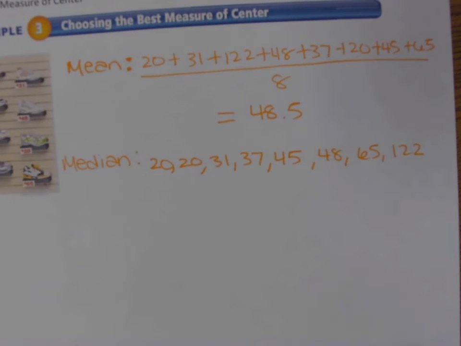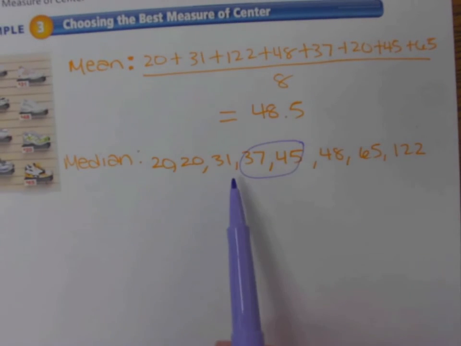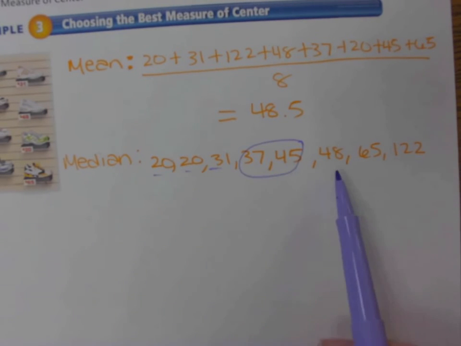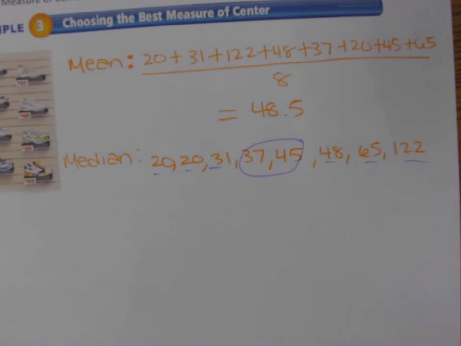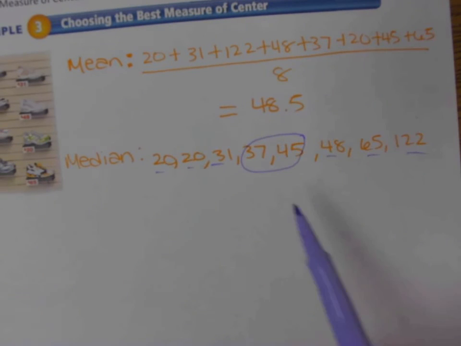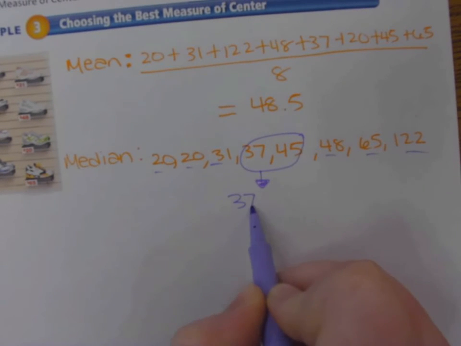Now again, because there's an even amount of shoes here, we're not going to have an exact center. So I'm going to find the two numbers that are in the middle, which are 37 and 45, because there are 3 numbers on the left side and 3 on the right. And remember, if I have 2 in the middle, I'm going to have to find the mean of these 2.